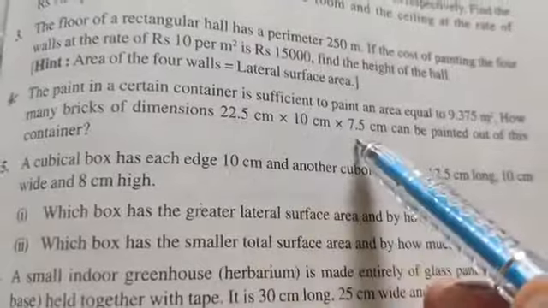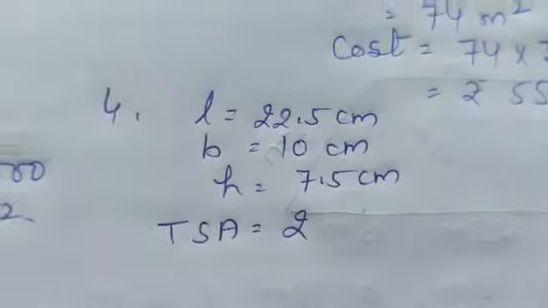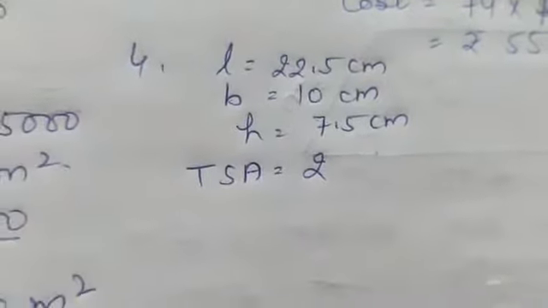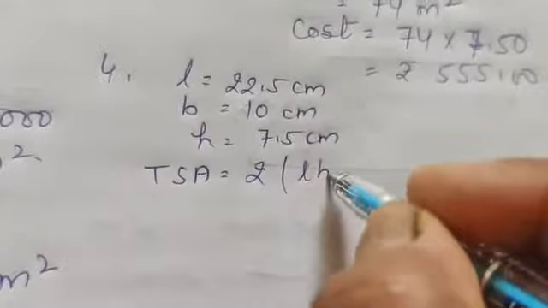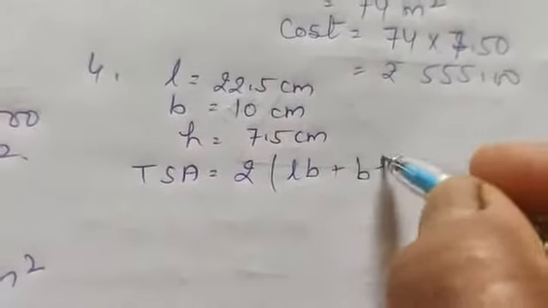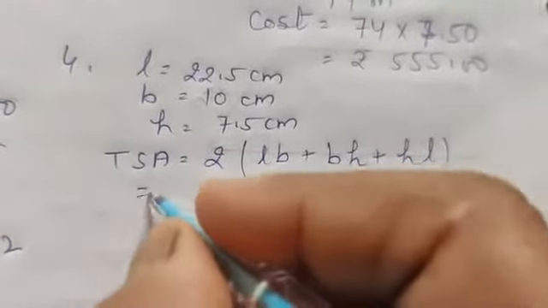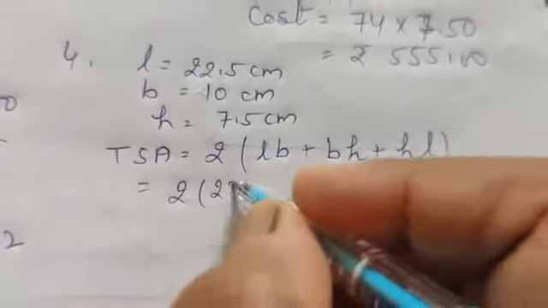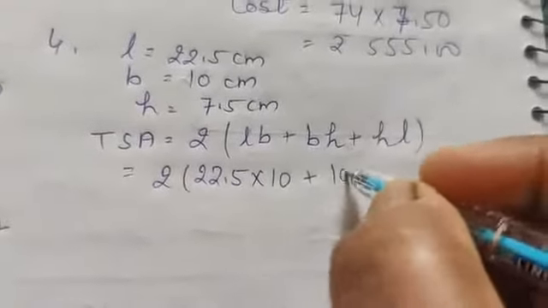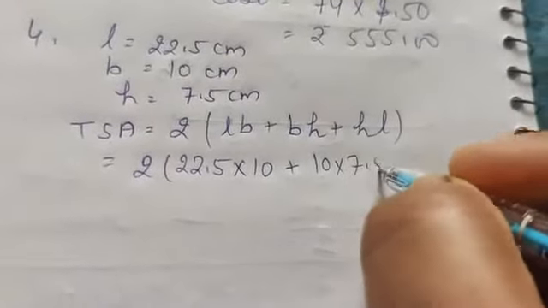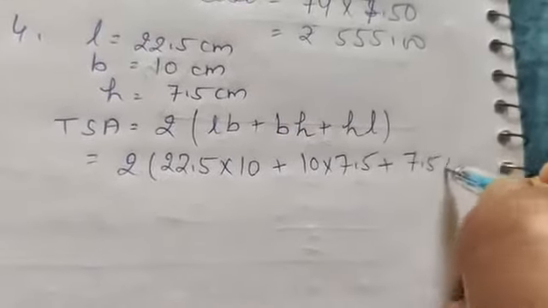First we have to find the total surface area of one brick. Length is 22.5, breadth 10 and height 7.5. The formula of total surface area of a brick is 2 times (LB plus BH plus HL). Now put the values: 22.5 into 10 plus 10 into 7.5 plus 7.5 into 22.5.